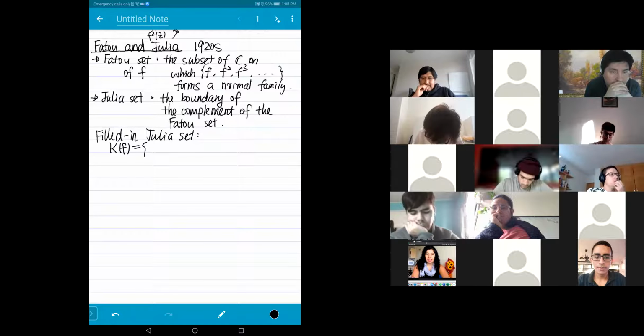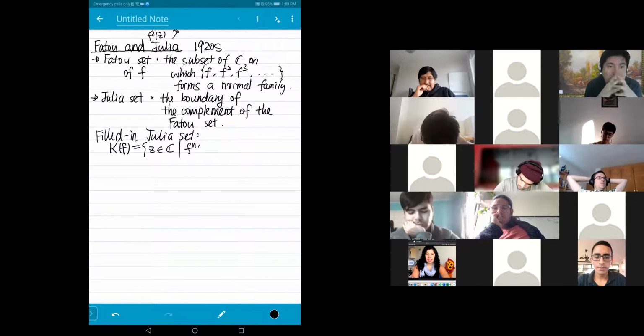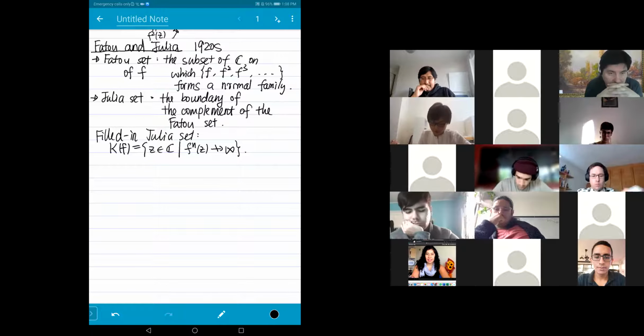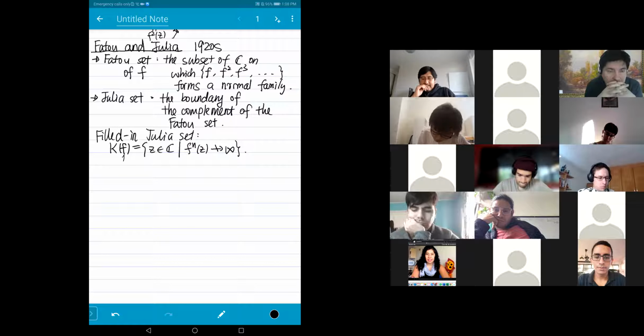This is the set of points in the complex plane such that these points do not go to infinity under iterations of the polynomial. So you take those points, iterate your polynomial, and observe where the point goes. The filled Julia set for this polynomial is the set of points that do not go to infinity.